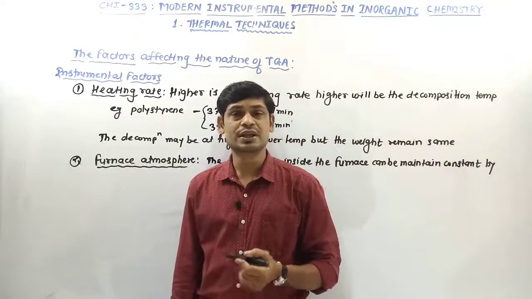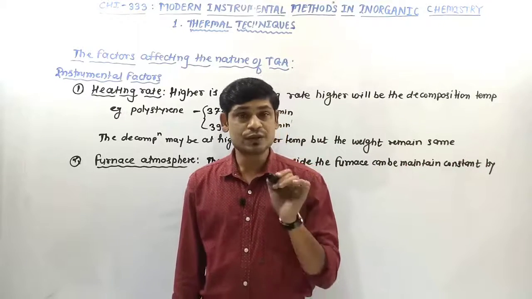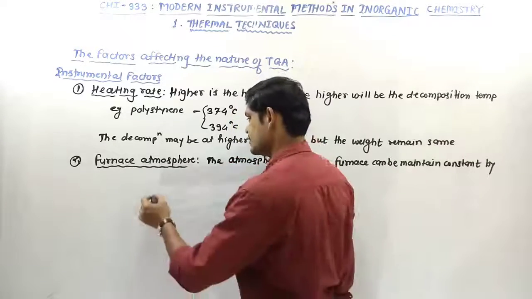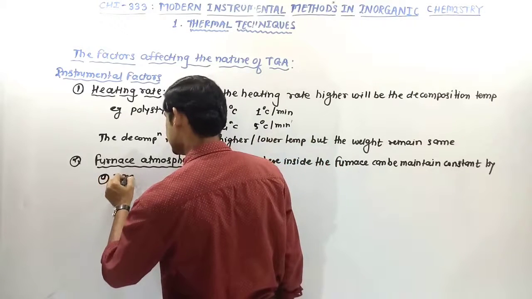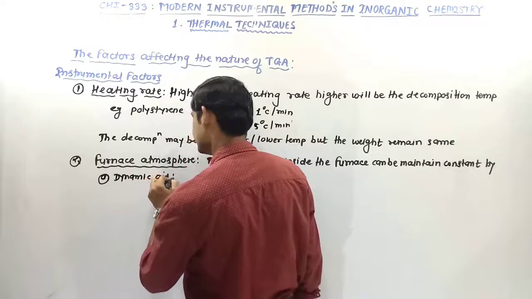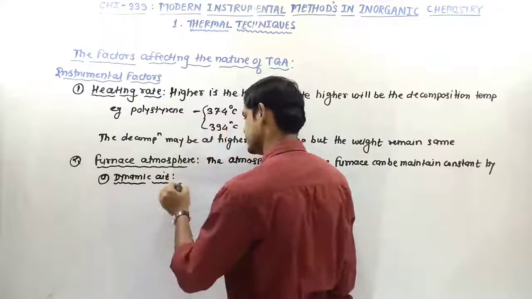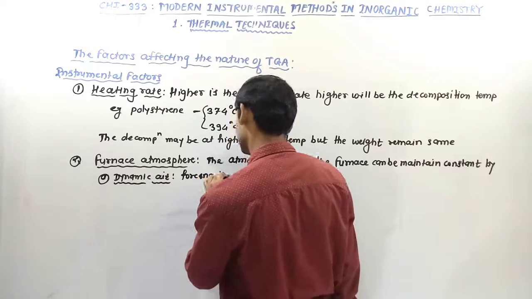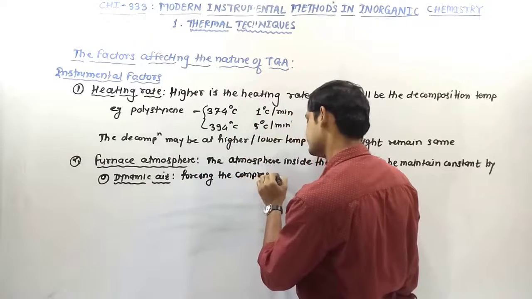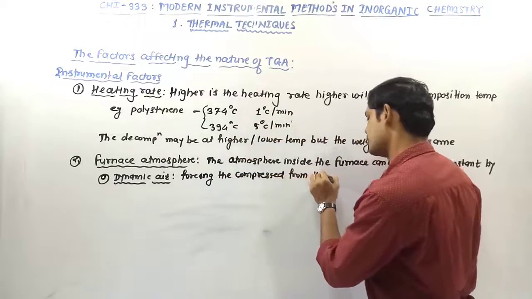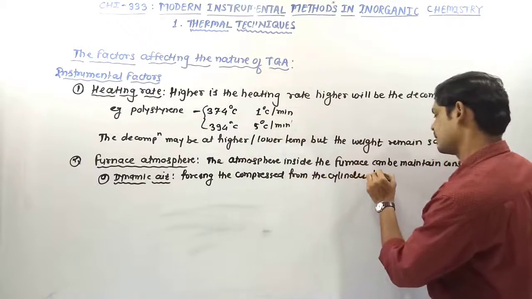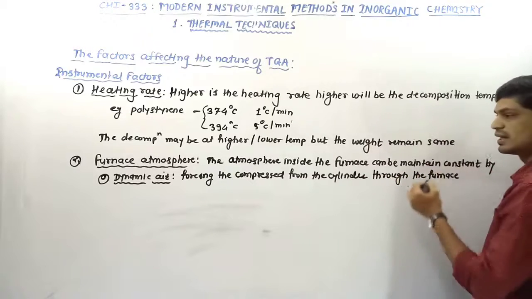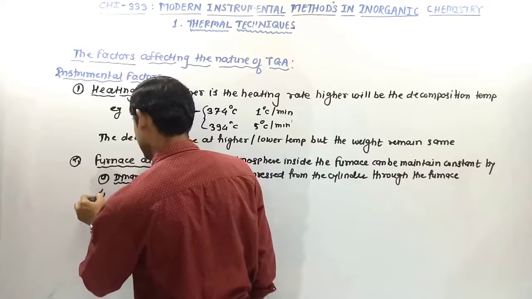The first one is the dynamic air, meaning forcing compressed air from the cylinder through the furnace. The second way is the static air.